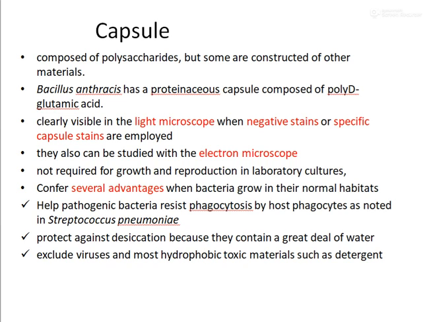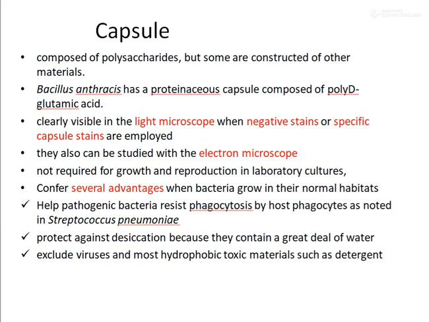And in the natural environment, if a capsule is present, it protects the bacteria against desiccation, because the capsule stores a large amount of water, which prevents the bacteria from drying.